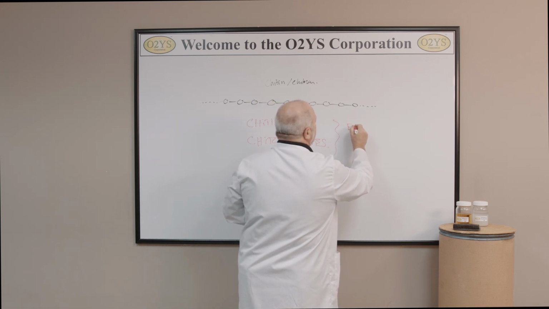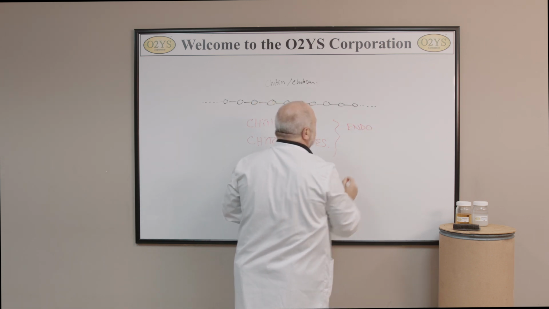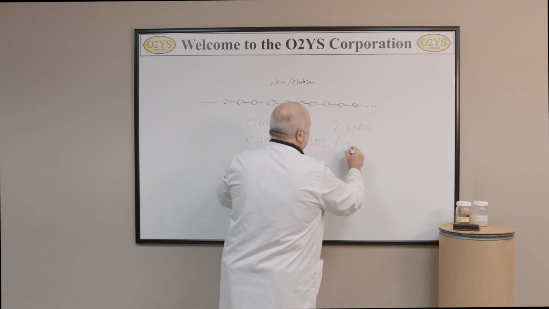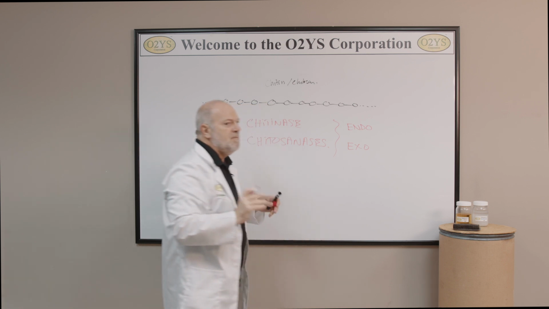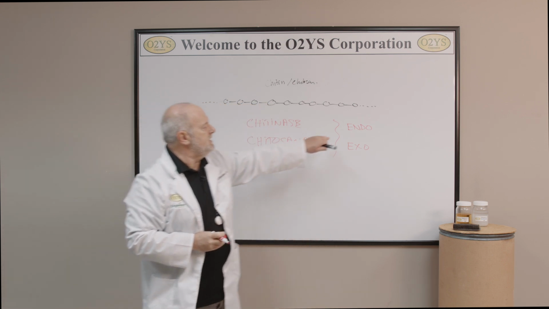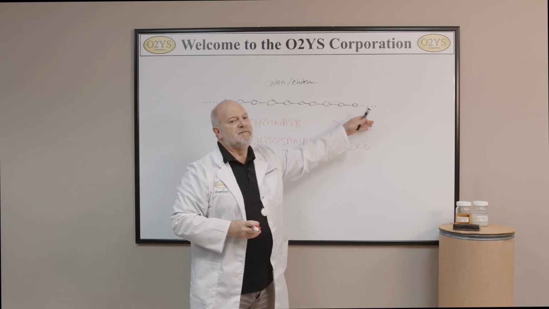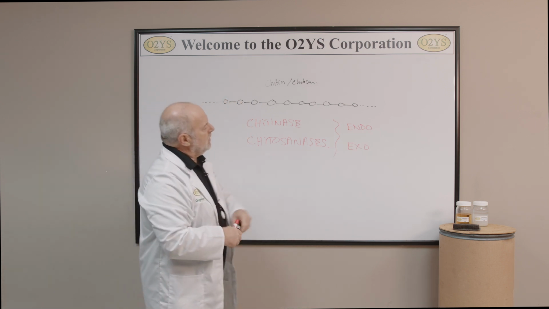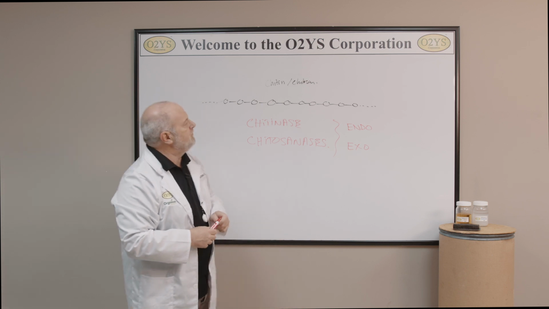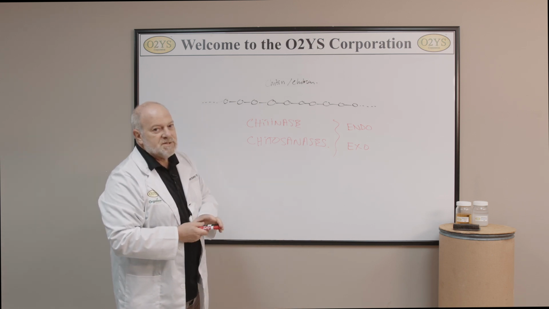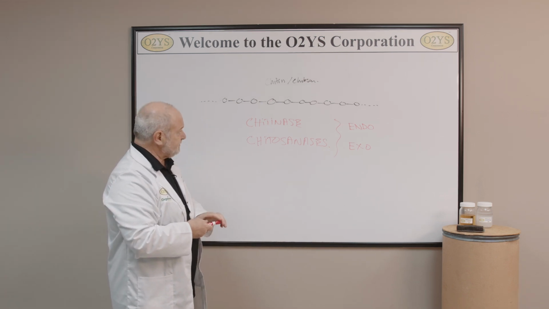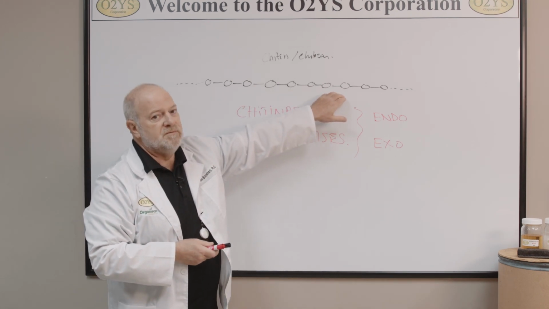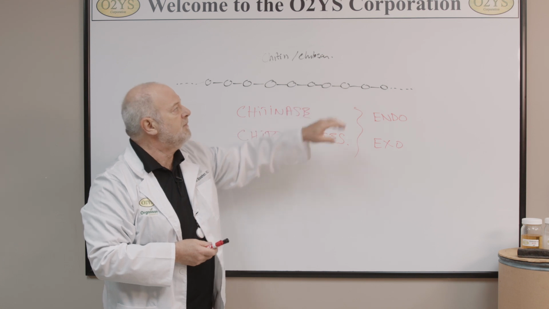We have endochitinase or chitosanase, and we have exo, the two major classes. And within these classes, there's a whole bunch of different groupings, which we don't need to get into. So what do we mean by these two things? Well, as far as an enzyme is concerned, which is a protein molecule, they can recognize the precise structure of what's within these polymers.